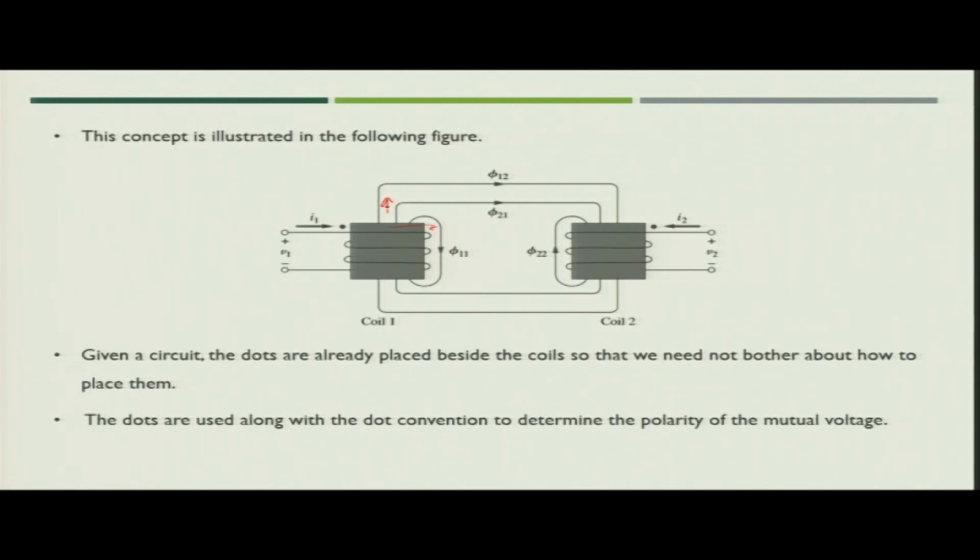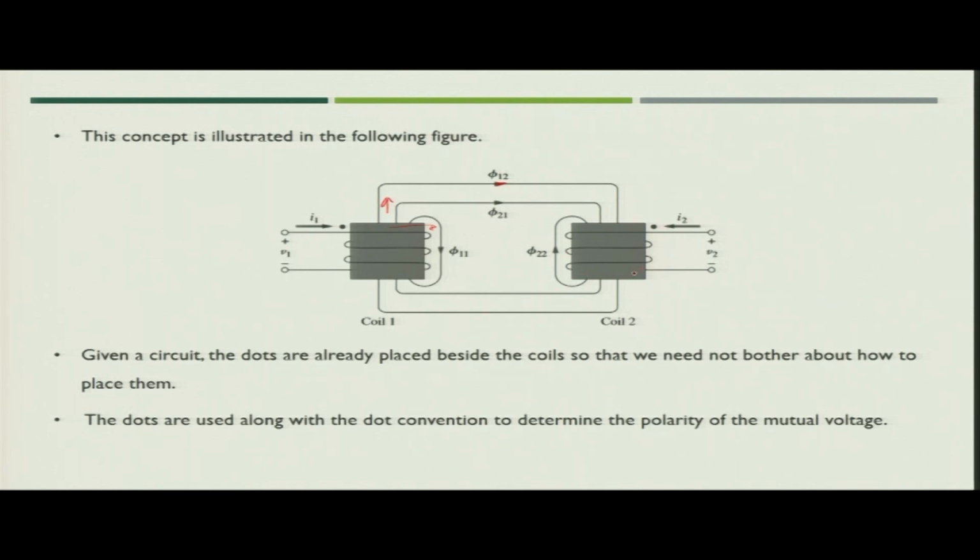So, this thumb direction will show you in what direction your flux is rotating. So, here the current I1 is going inside, you are getting flux phi12 linking in the clockwise direction to the coil 2.